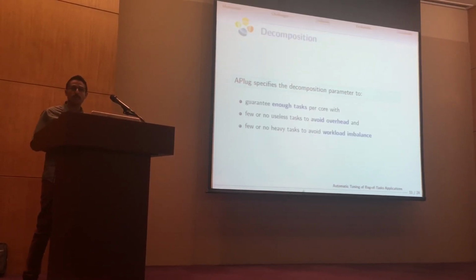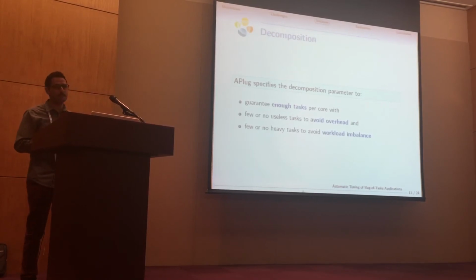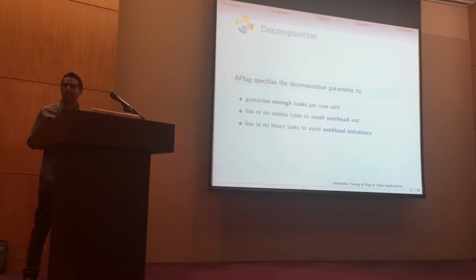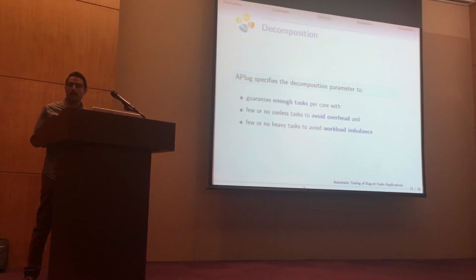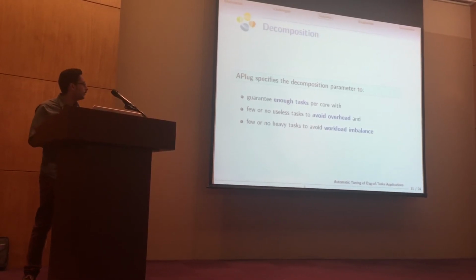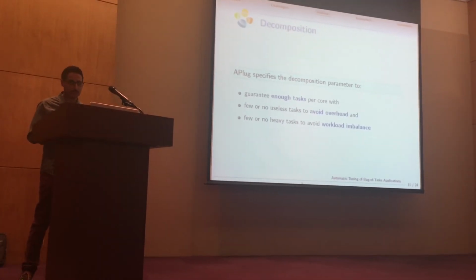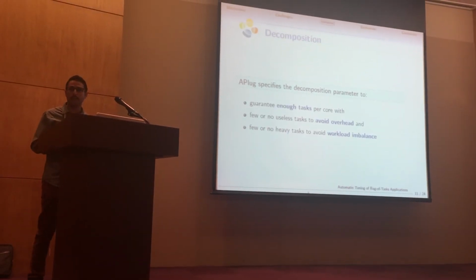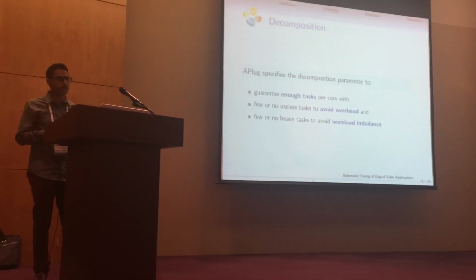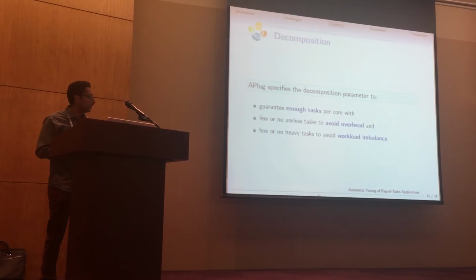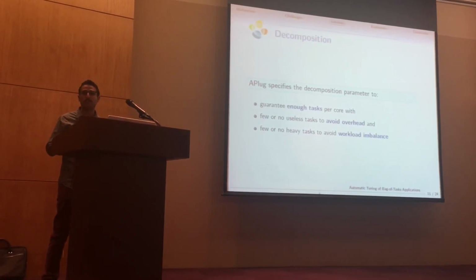We will also be able to guide the decomposition of the problem to guarantee enough tasks per core and to generate few or no useless tasks to avoid the overhead of redundant work, for example, or to not miss opportunities for pruning your search space.